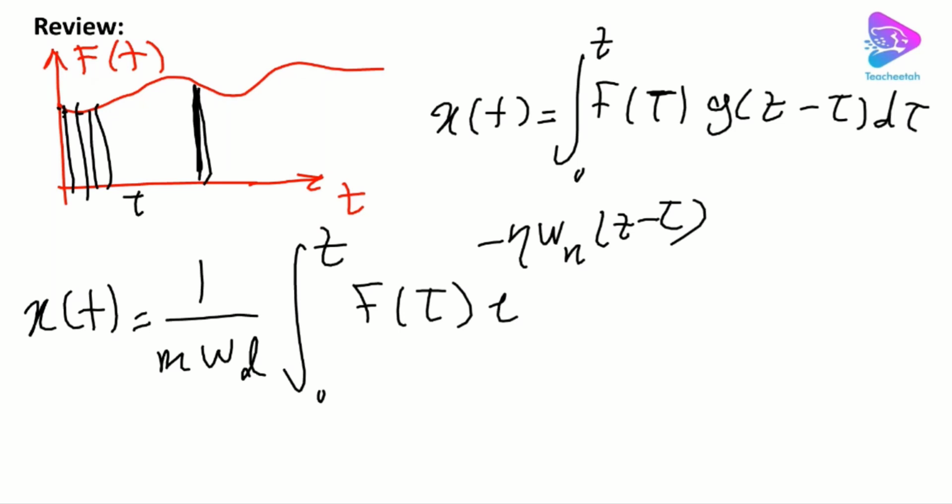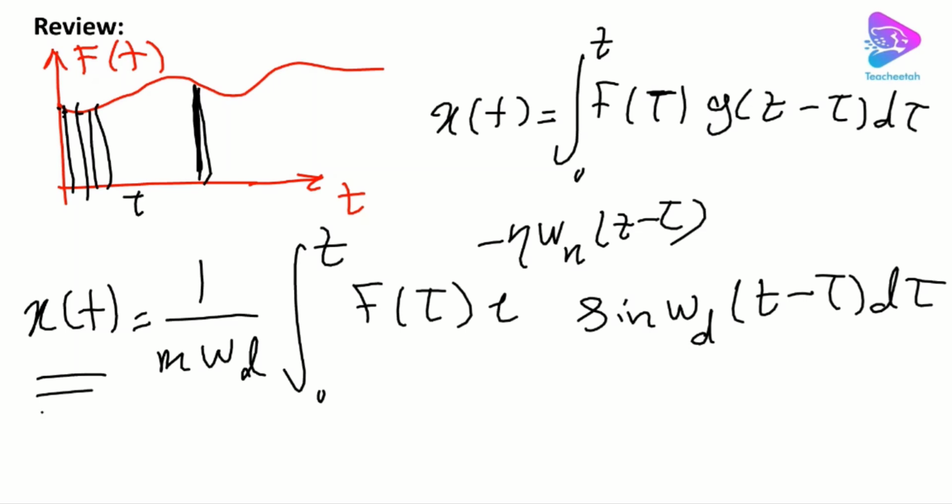If you recall the function for g, we had e to the minus zeta omega n t, which is now switched to t minus tau, right? Sine omega d (t minus tau) d tau. So for these types of systems, it is pretty much integration to find the response, no other trick. If we calculate the integral properly, we can find the time response of the system.